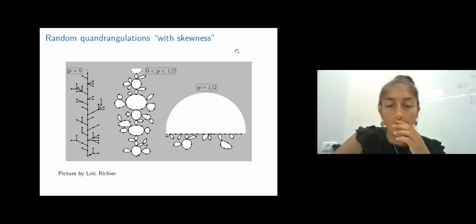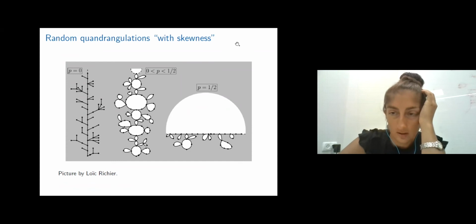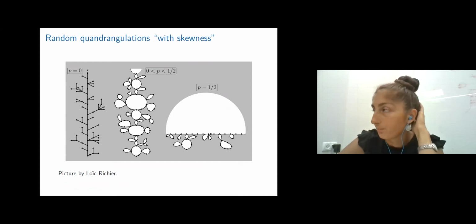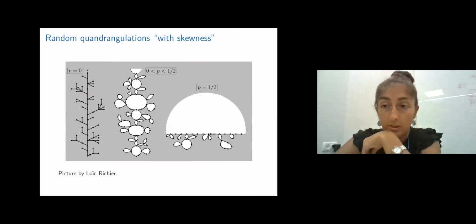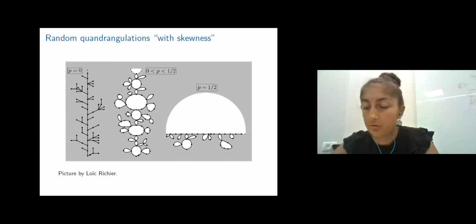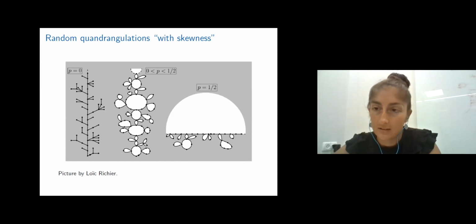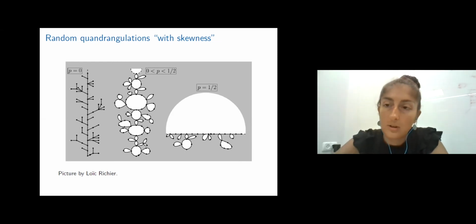And finally, my final example is an example about quadrangulations. So the red simulation I showed you a few slides ago was a large random quadrangulation. And if you sample a random quadrangulation, say with n faces, its boundary length will typically grow in a certain way.